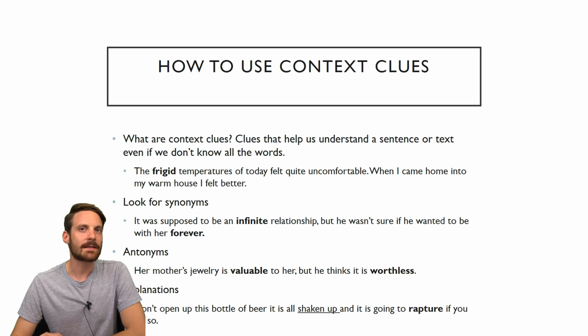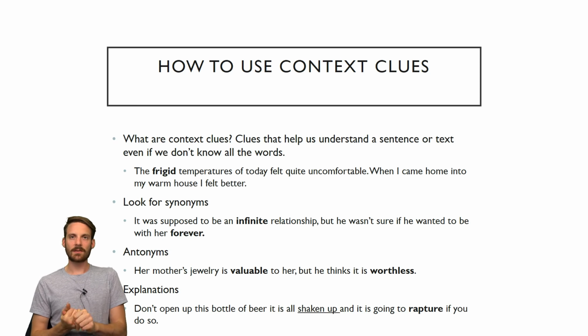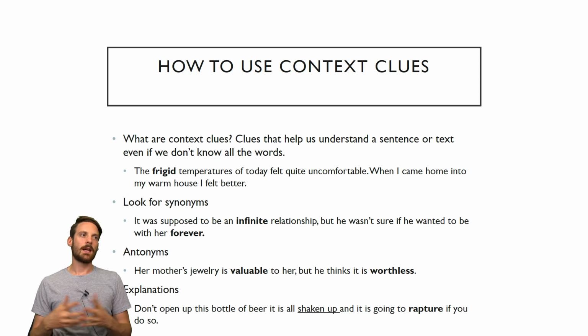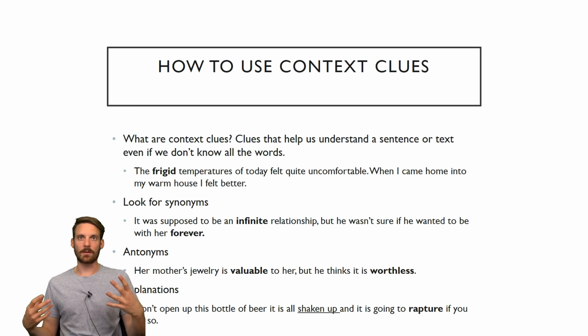It's little hints that help you to understand vocabulary that you don't know. So I've outlined it here. What are context clues? Clues that help us understand a sentence or a text, even if we don't know all the words.